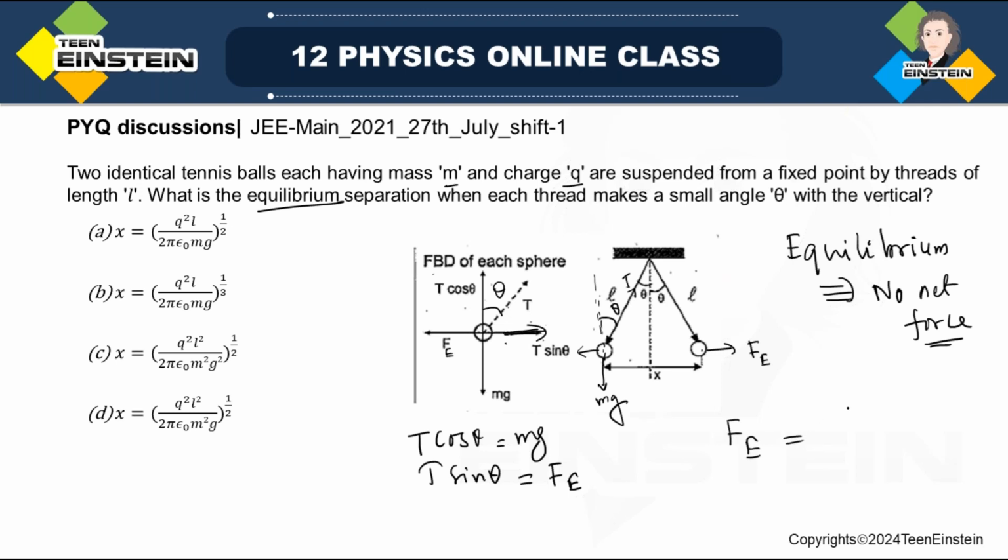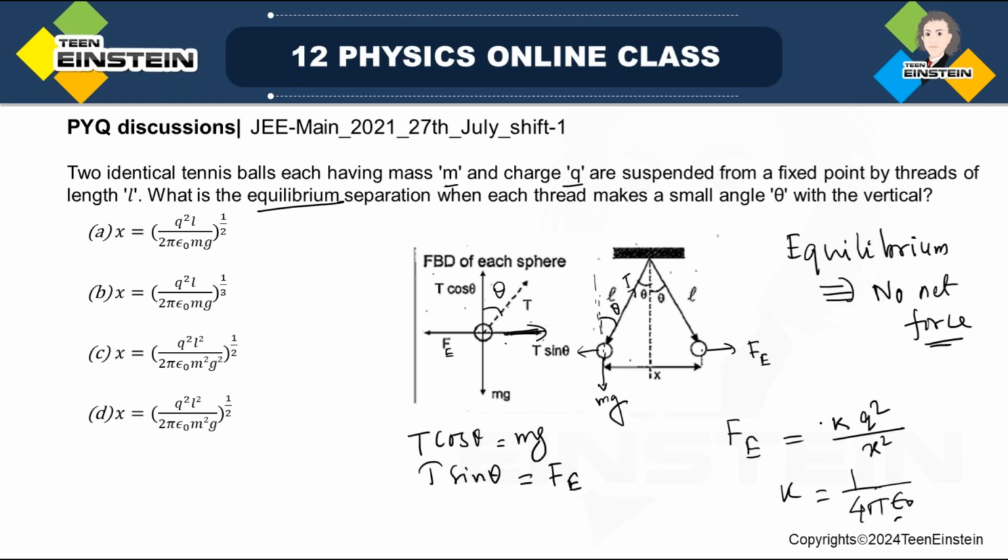Fe will be, I'll write K Q square, because Q1 Q2, right? Q square by X square. This is the force, and K is a constant, that is 1 by 4 pi epsilon naught. All right, this is a constant.